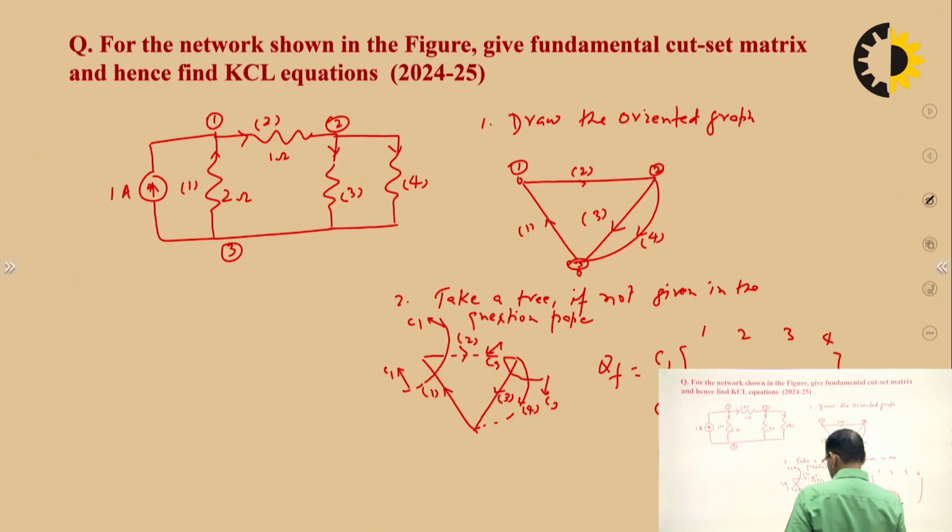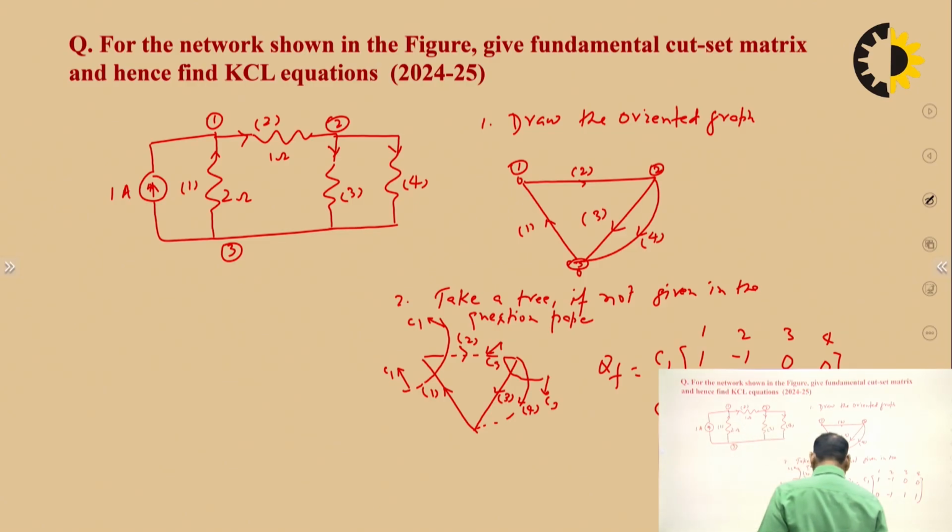Along the direction of the cut set it will be plus 1, and 2 is away, so it is minus 1, remaining 0. C3 involves 2, 3, 4. So 2 will be minus 1 and 3, 4 will be plus 1. So this is your fundamental cut set matrix.